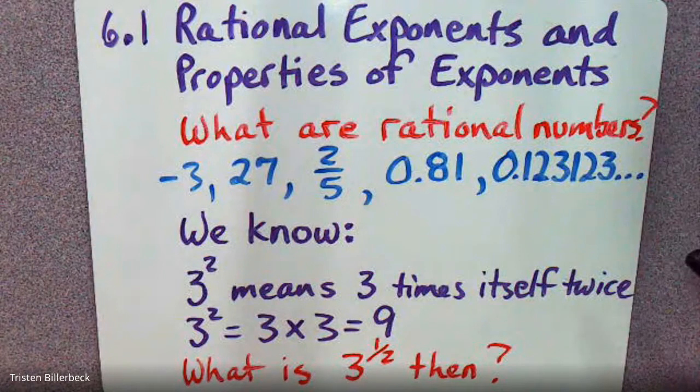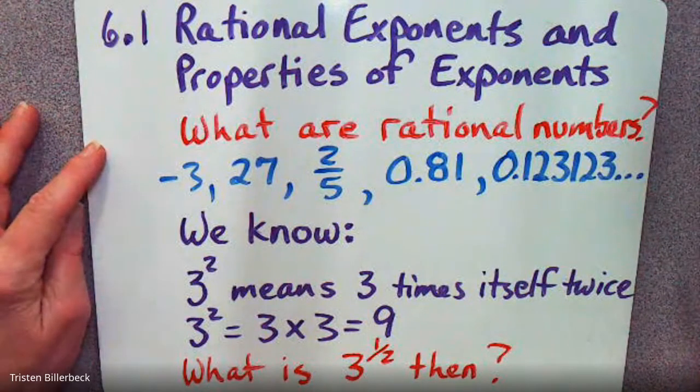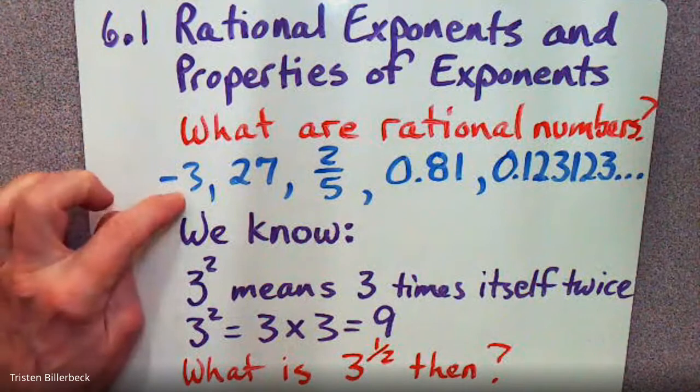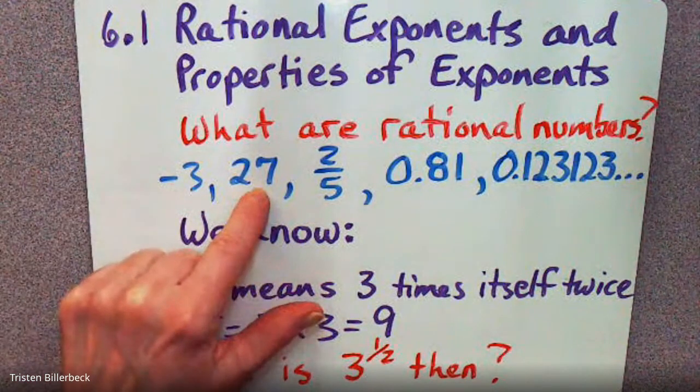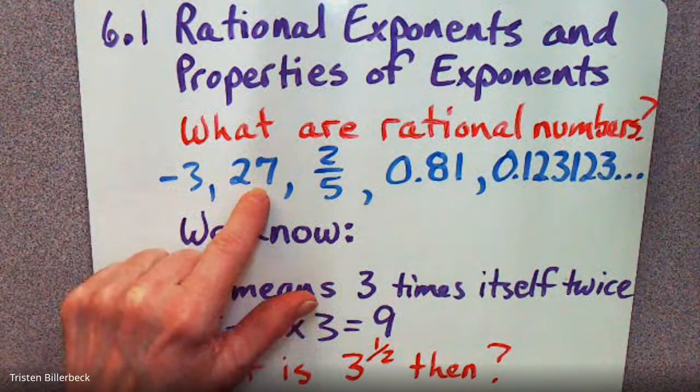So first, let's talk about what are rational numbers. Rational numbers are the set of real numbers that include integers. So -3 is an integer. Counting numbers, 0, which is a whole number.